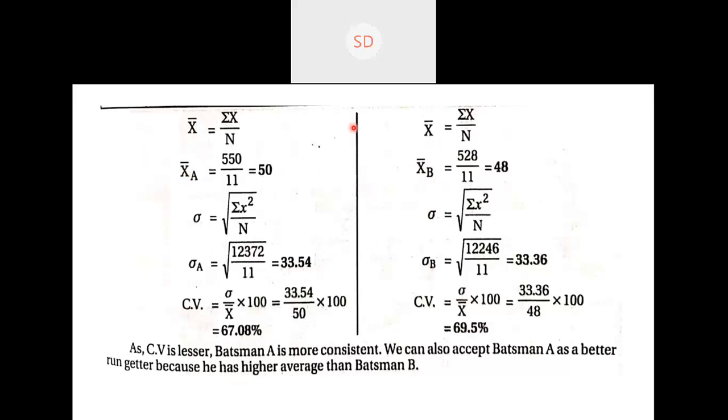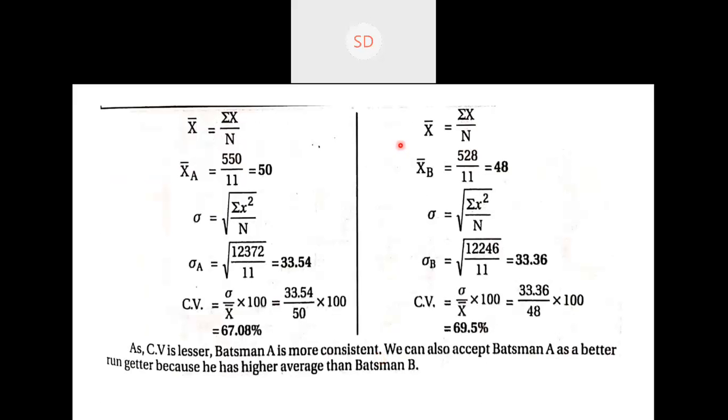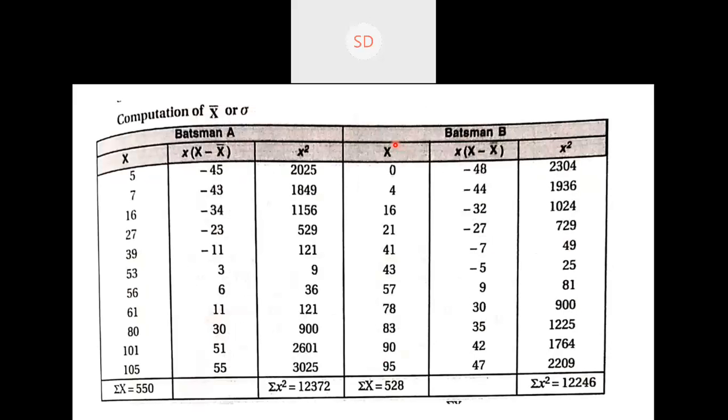To find deviations, we consider the arithmetic mean. The arithmetic mean for batsman A is 50 and for batsman B is 48. Let's remember that.